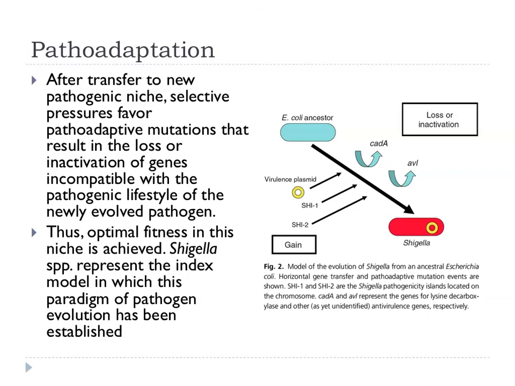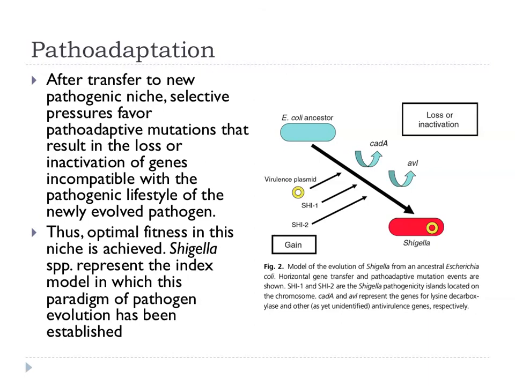We're adding a virulence plasmid. We're adding these pathogenicity islands, and these turn a common or garden harmless E. coli into a nasty pathogen. But this pathogen also illustrates the fact that you can lose genes along that route. And in fact, not only can you, but you have to lose genes to actually get to the fittest state of being a new pathogen.